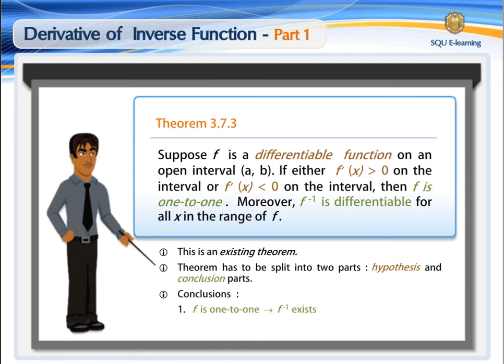What is the conclusion here? The conclusion is that your function f is one-to-one, that means the inverse function exists. Secondly, your inverse function is differentiable at all points x in the range of f.